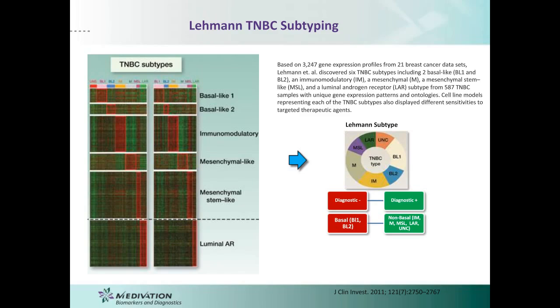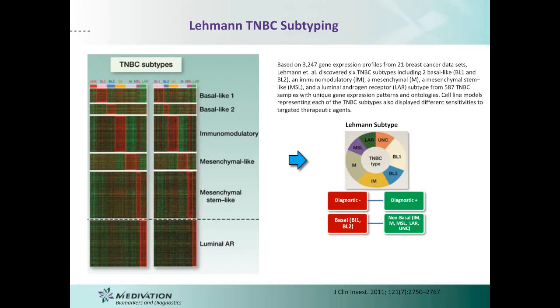They divided triple-negative breast cancer into two different basal-like categories, an immunomodulatory group, a mesenchymal-like group, a mesenchymal stem cell-like group, and the luminal AR group, which we are most interested in here. This was done based on a larger panel of 3,247 genes. And our subtype classifications using Lehmann were produced using the tool that was described in that paper.